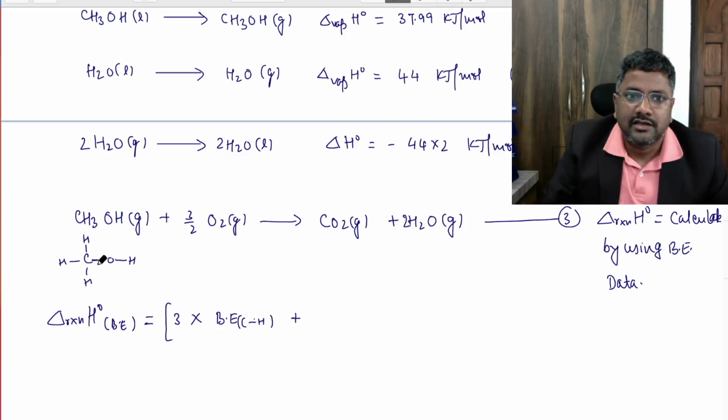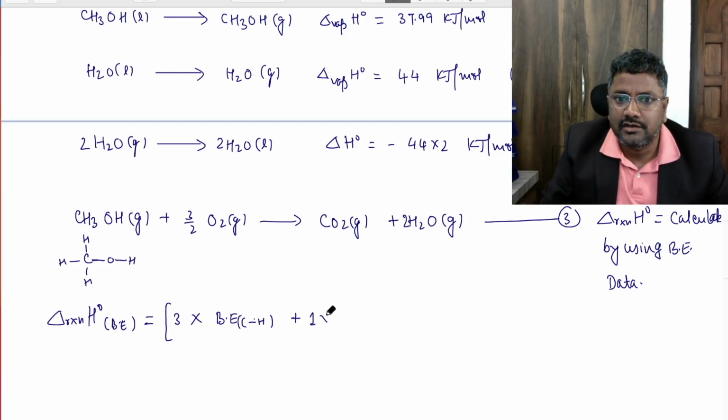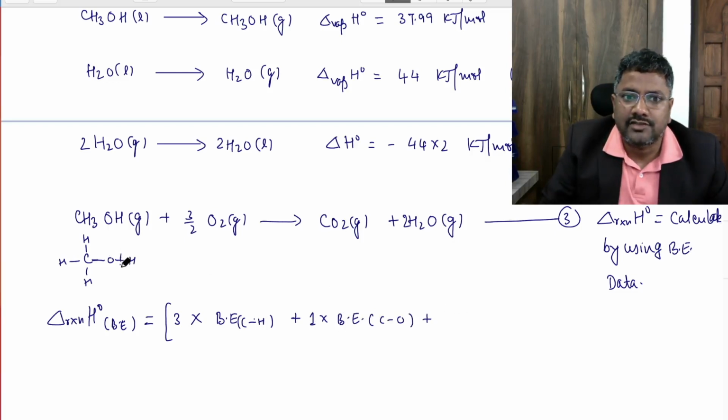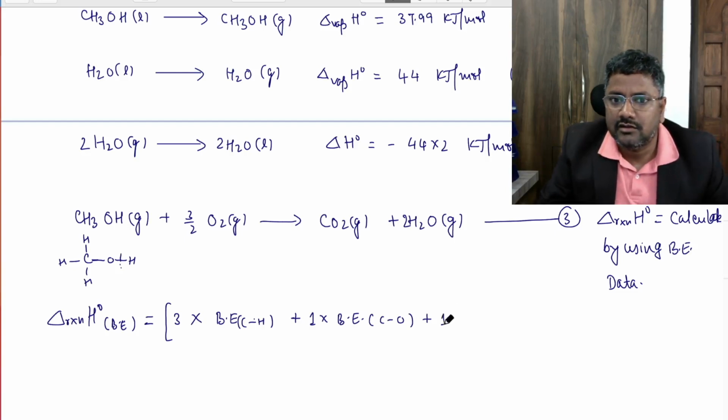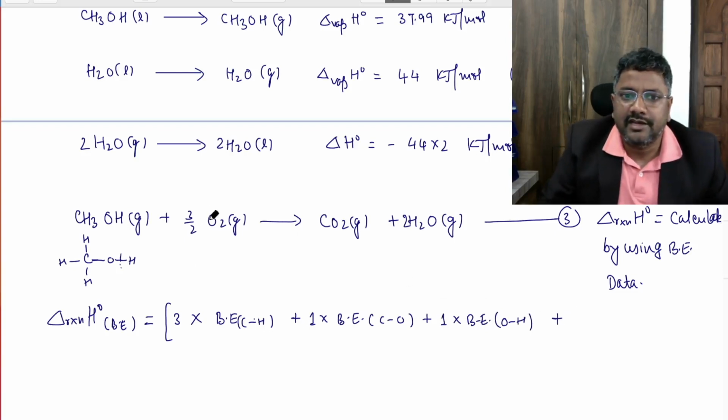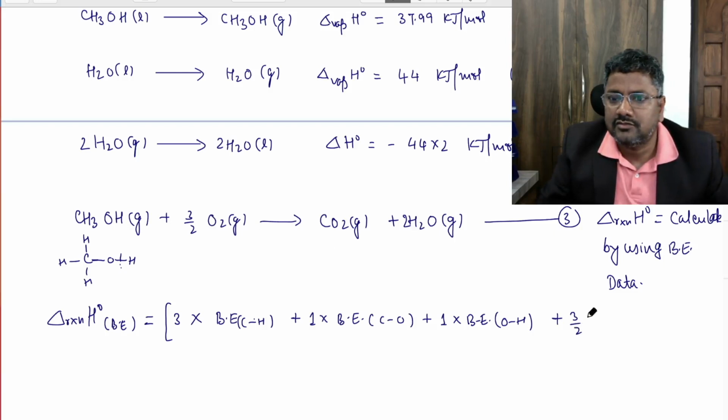Plus 1 CO bond is here. 1 into bond energy of CO bond plus 1 OH bond is there. 1 into bond energy of OH bond plus 3 by 2 into bond energy of O double bond O.